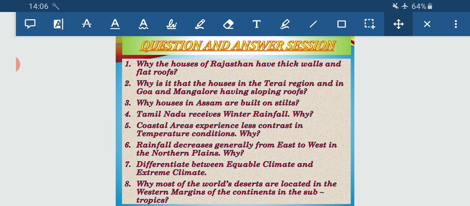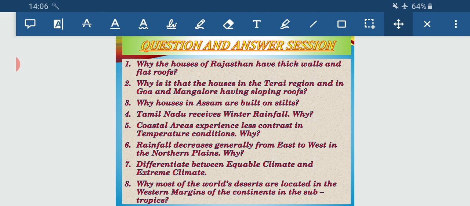So the interior parts are influenced by the seasonal monsoon winds, and the equable climate is experienced regularly on a daily basis through the two local breezes, the land breeze and the sea breeze. So these are the basic differences between the equable climate and extreme climate.